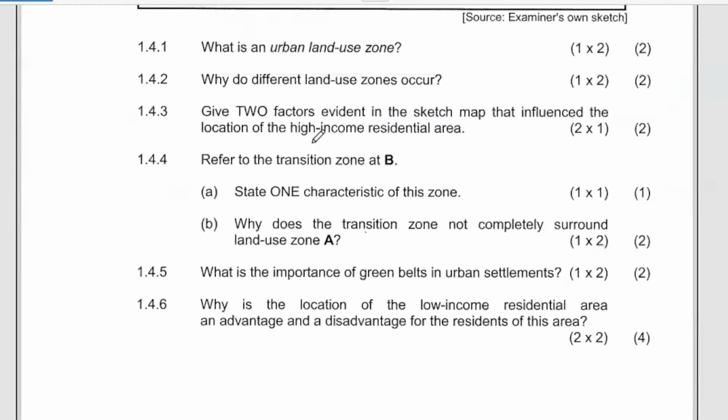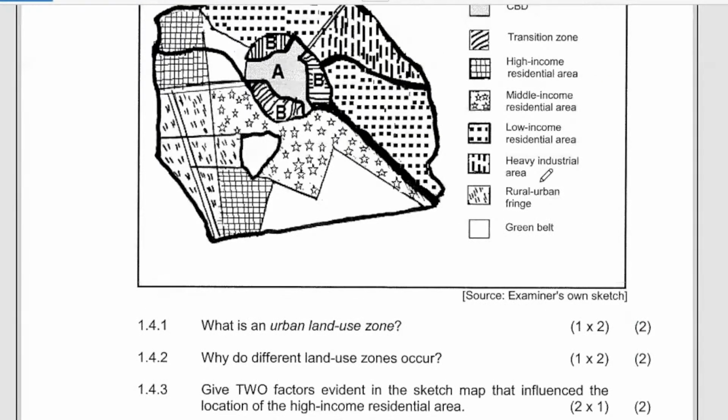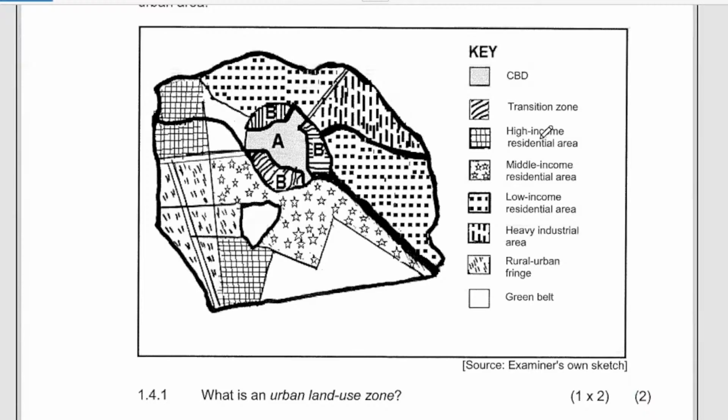Number 143. Give two factors evident in the sketch map that influence the location of the high income residential area. Right, we are looking at the high income residential area. What are the factors that could have promoted it? If you check on our sketch here, we see that high income is represented by these blocks, by this grid shape.